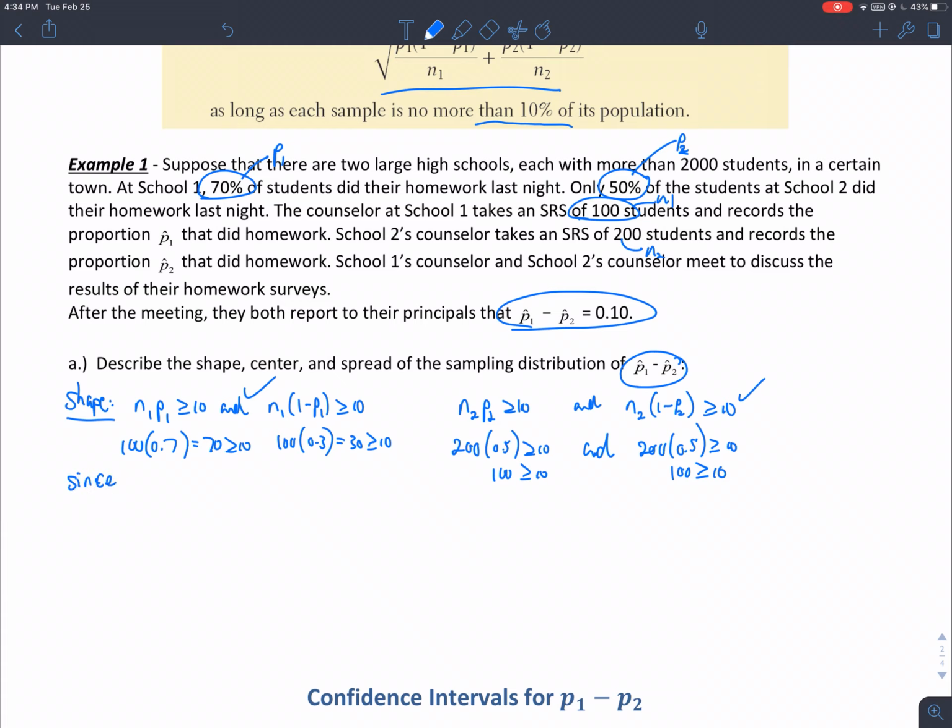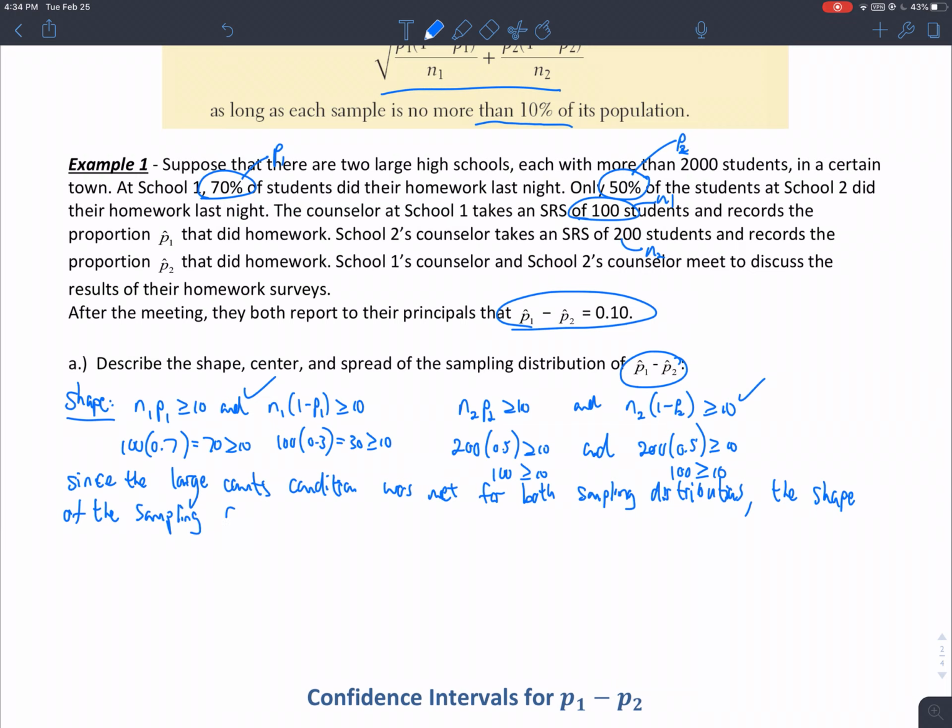Since the large counts condition was met for both sampling distributions, the shape of the sampling distribution of p hat 1 minus p hat 2 is also approximately normal.